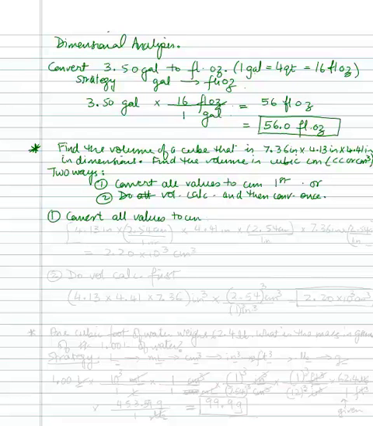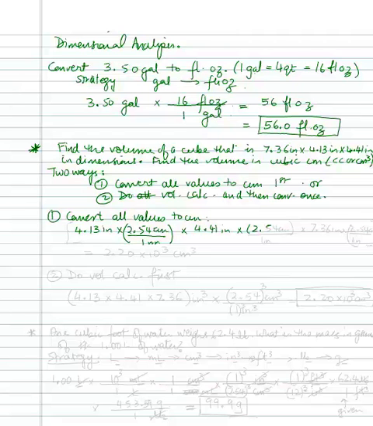So this is how you set it up. You have 4.13 inches times 2.54 centimeters in 1 inch. That's your first conversion. Then you convert the second one, which is 4.41 inches, and convert that into centimeters.